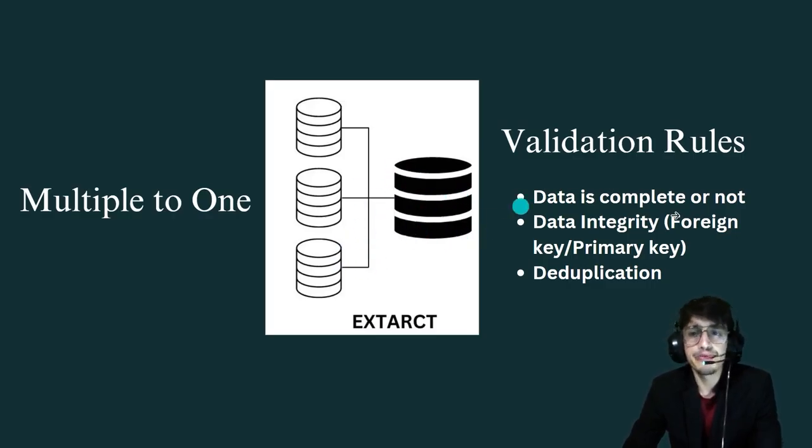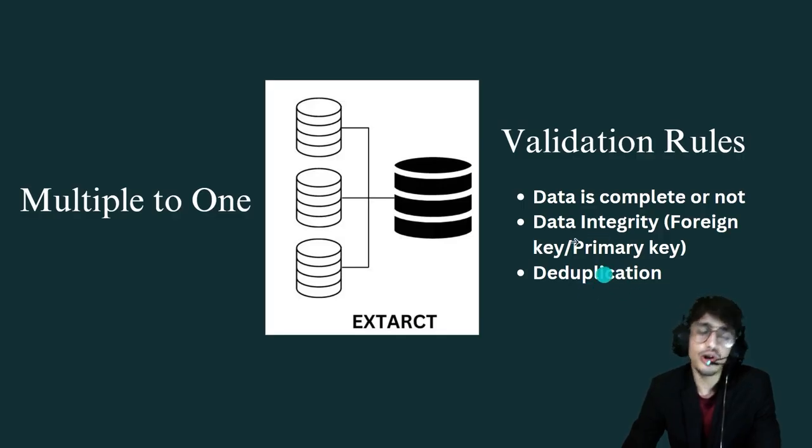Data integrity means foreign keys and primary keys. If you have studied databases or SQL queries, you will know about foreign keys and primary keys. All the foreign keys and primary keys should be well structured and connected. Then only the data will be stored here.